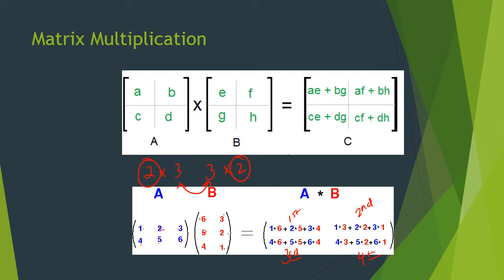And that's the pattern. Each element should be multiplied by another element twice in this situation. And as you can see, I will end up with a 2 by 2 product matrix.